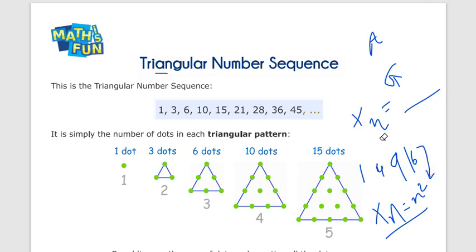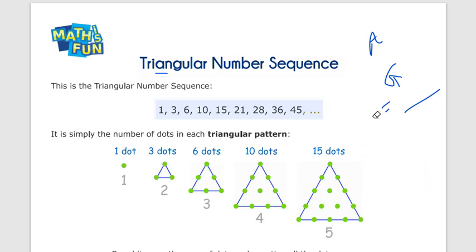So we see the different types of sequence and how to find their rule. It is useful for finding the 10th term or 15th term of a sequence. First of all we have to know what the n-th term is, what the rule of the sequence is.